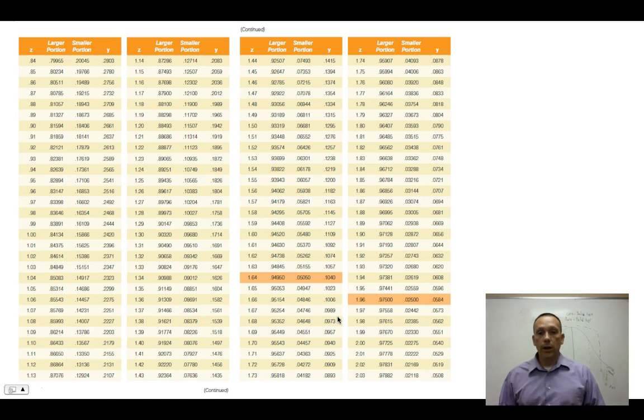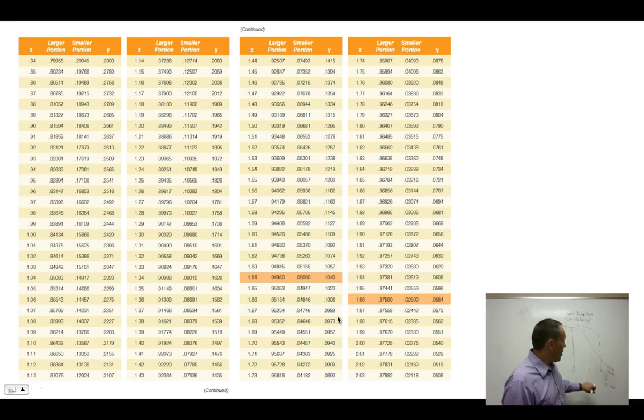If you look at the fourth major column over, at the smaller portion, skim down there, and it's going to be near the bottom. In this case, it's highlighted for us, and I'll tell you why in a second. We see that the smaller portion there equals 0.025. Follow that out to the left just a bit to see what the z-score is, and what do we find? It's 1.96.